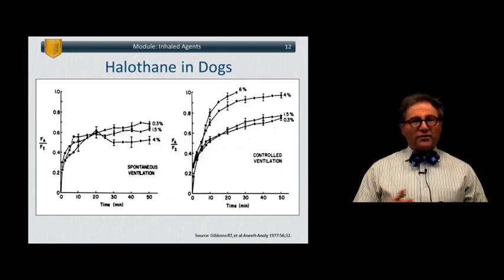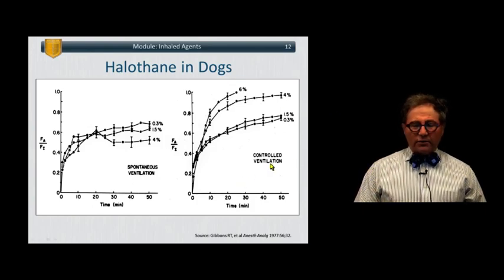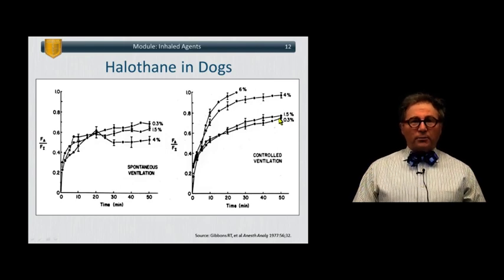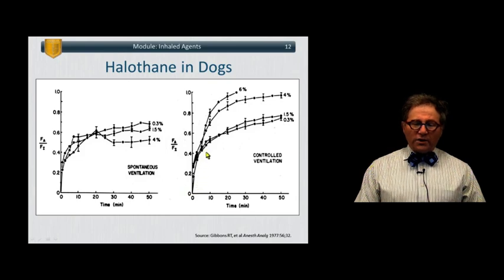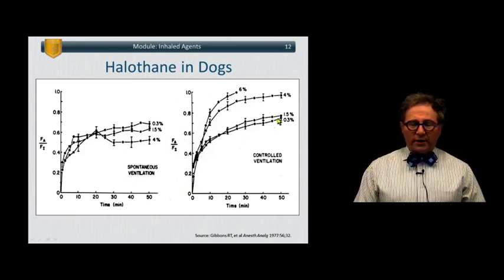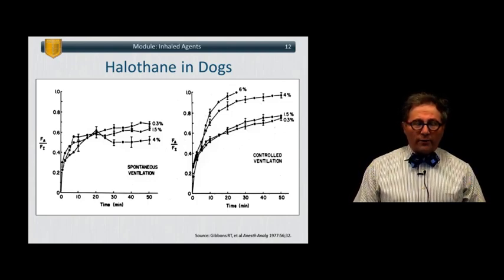Now let's contrast that to the figure on the right, where we see controlled ventilation being administered to the dogs at low concentrations, up to 1.5% halothane. And we see the wash-in curve that's somewhat similar to the curves on the left side of the slide. And all of the dogs survived the 1 hour of exposure to anesthesia.